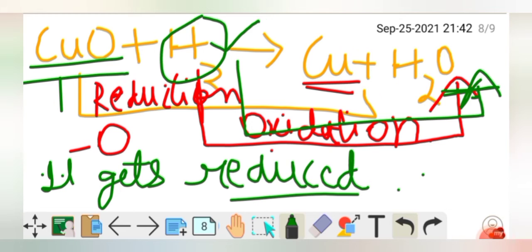Now we'll move to the next reaction, that is exothermic and endothermic reactions.